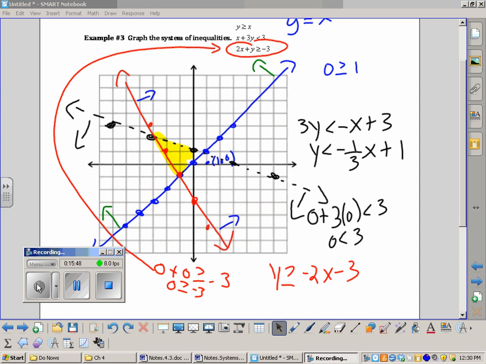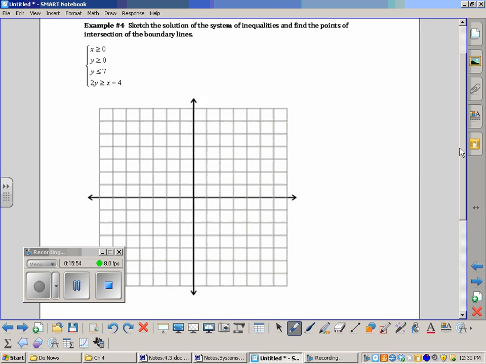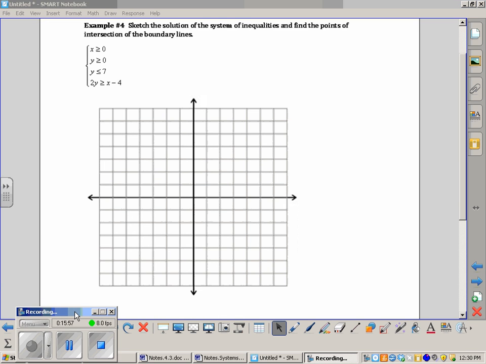Okay, last one. Again, tough set of notes. This one's going to seem a little bit easier, except for the fact that one of the points comes off the graph. So let's see. Sketch the solution of the system of inequalities and find the points of intersection of the boundary lines.